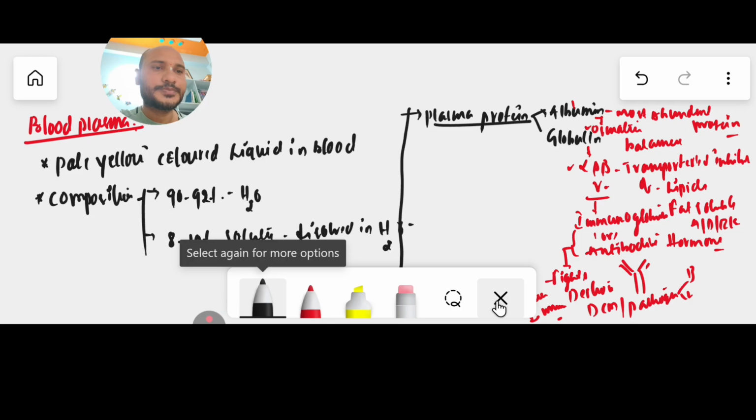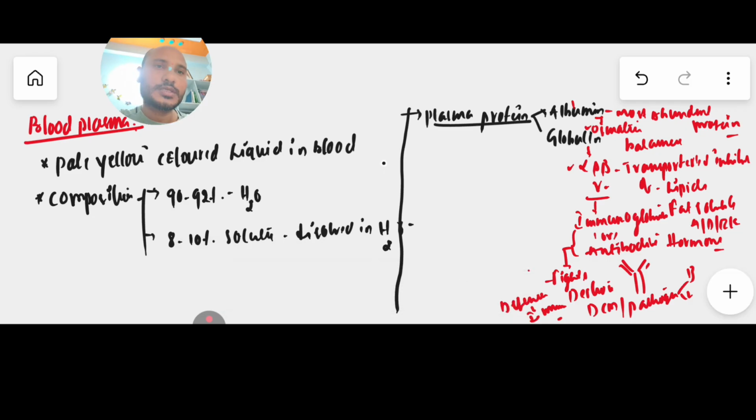Now the second solute in blood plasma: minerals, also called electrolytes. Various minerals and electrolytes are present, like sodium, potassium, calcium, bicarbonate ion, and chloride.